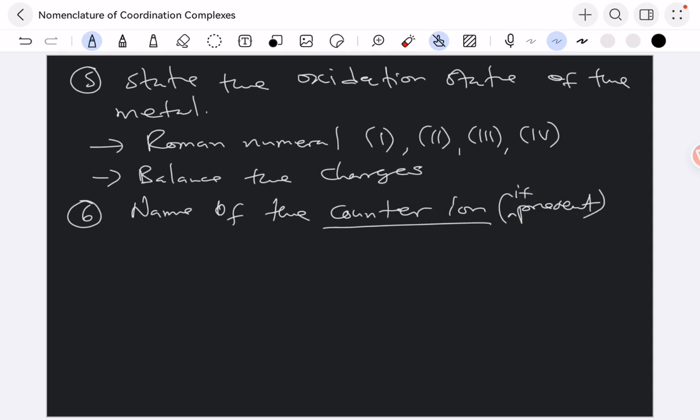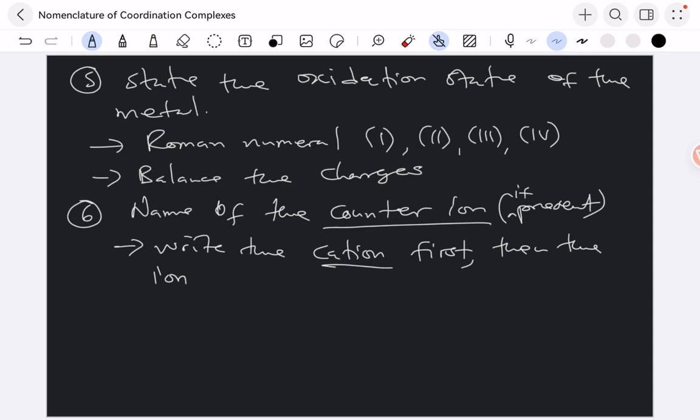For this one, you have to write the cation first, then the anion. The anion comes last.